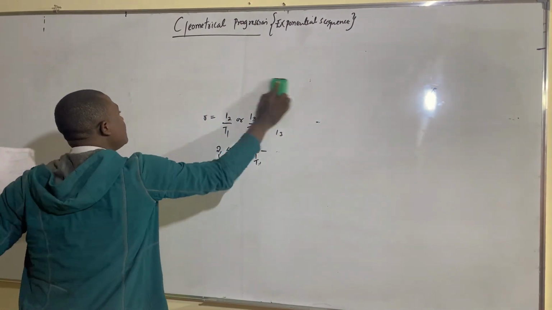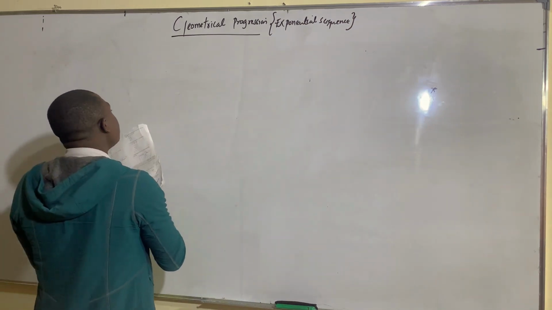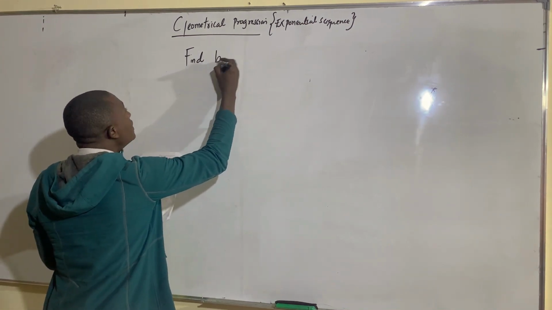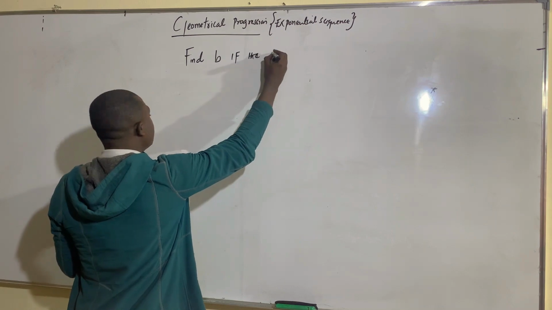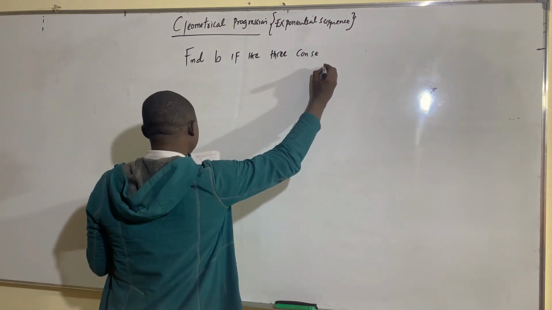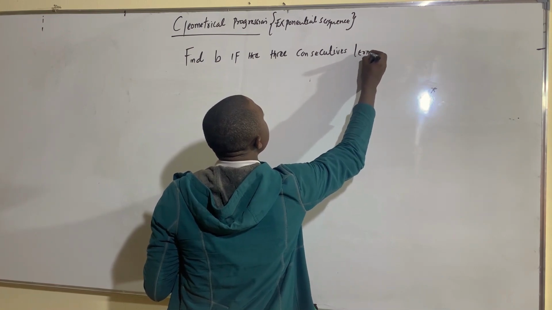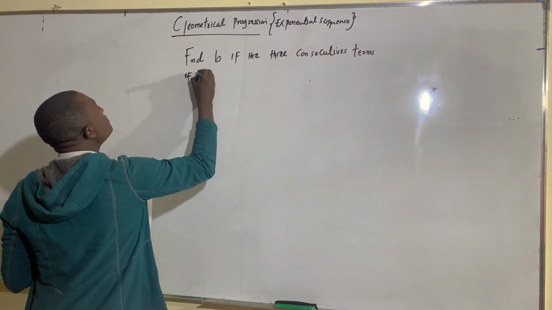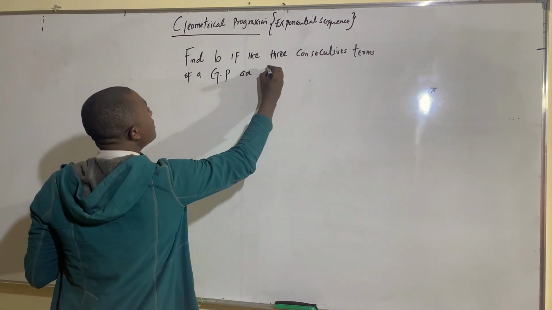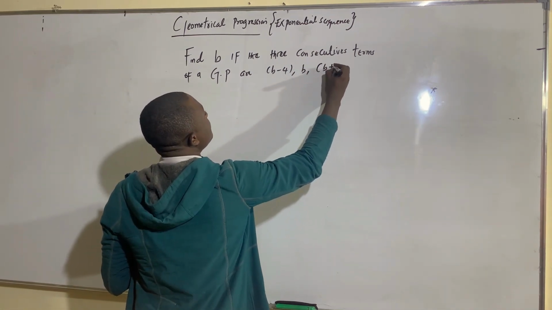The question says, find B if the three consecutive terms of a GP are B minus 4, B, B plus 5.